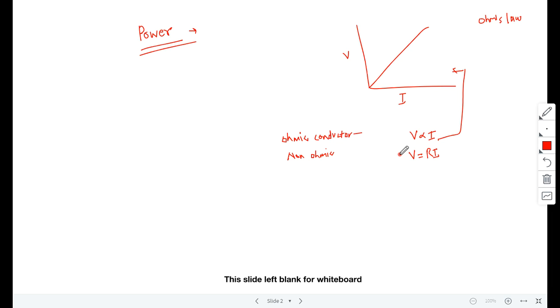Power is the rate of doing work, or rate of change of energy, or how energy is changing with respect to time. That is power. That's very correct.